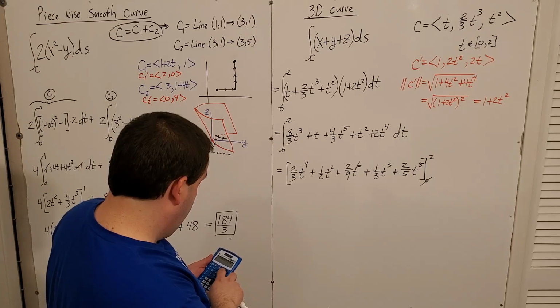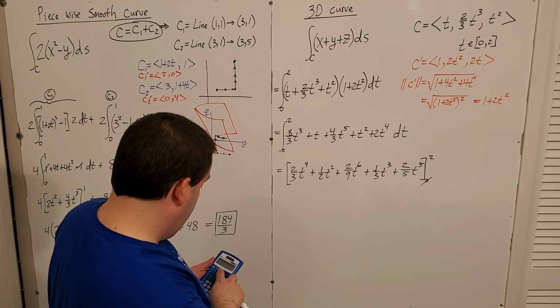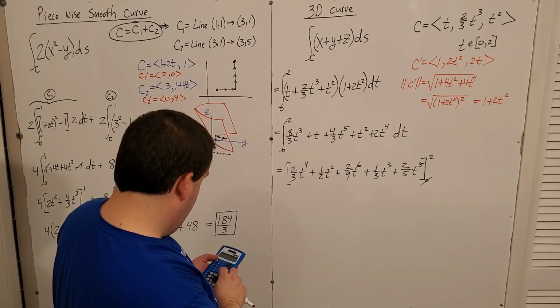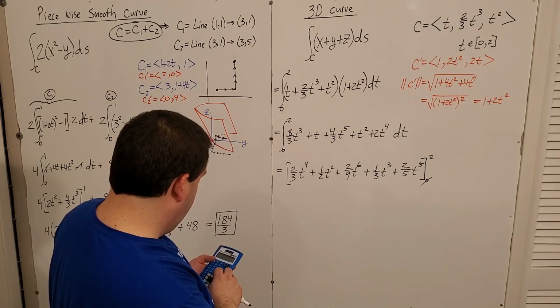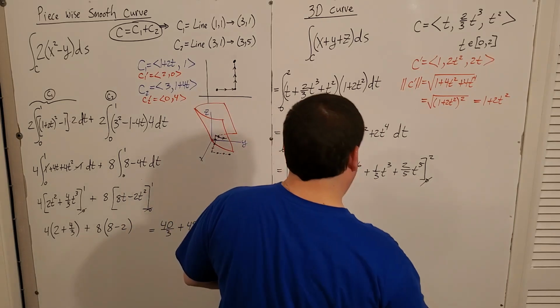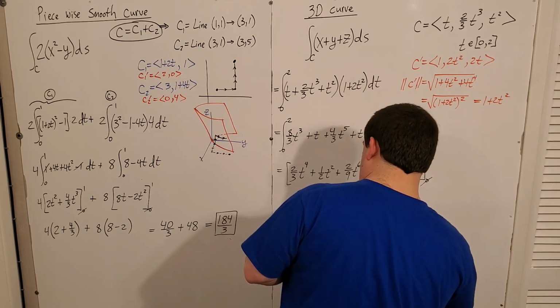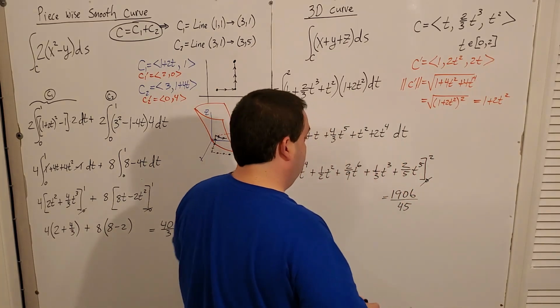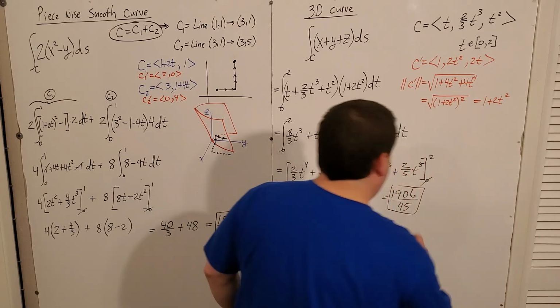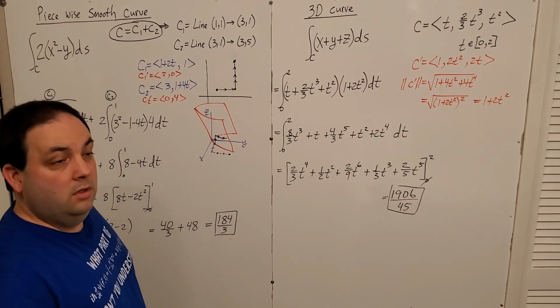Can't remember if I put parentheses or not. Ooh, I'm getting 1906 over 45. Okay. Yes, I'm being lazy there. I apologize if my laziness offends you. I'm really just trying to save us time on things that are trivial.